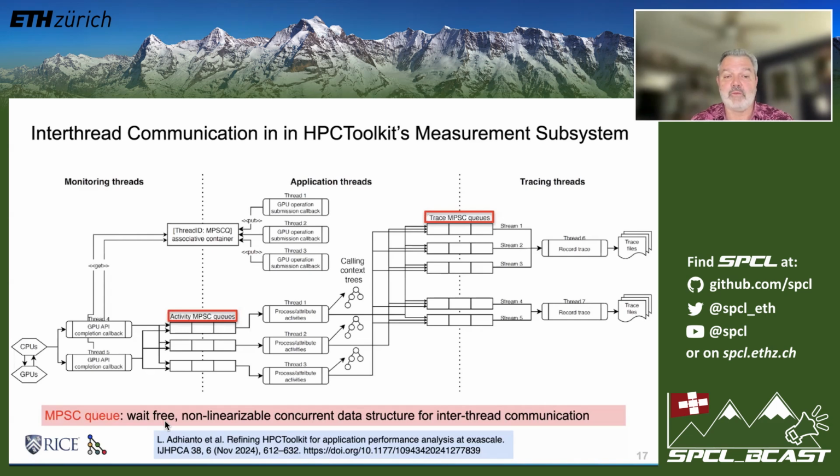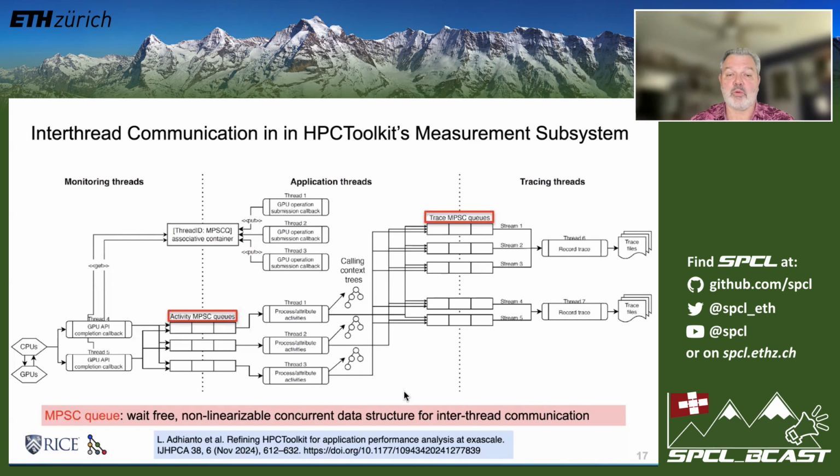This means that the application thread never waits for a GPU monitoring thread to deliver data, and the GPU monitoring thread never waits for an application thread to extract data. We had to sacrifice linearizability in order to get a practical wait-free data structure, but the bottom line is that this enables communication between the monitoring threads, the application threads, and some threads that are recording traces in the file system.